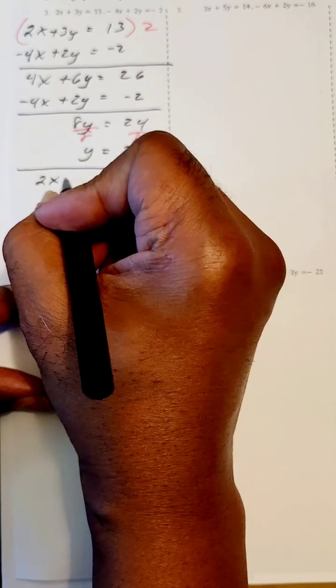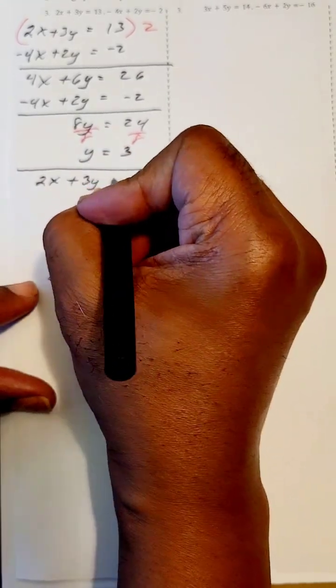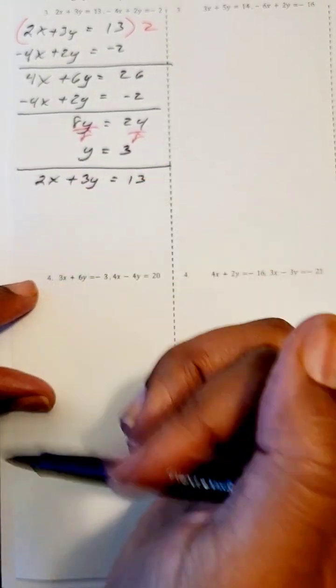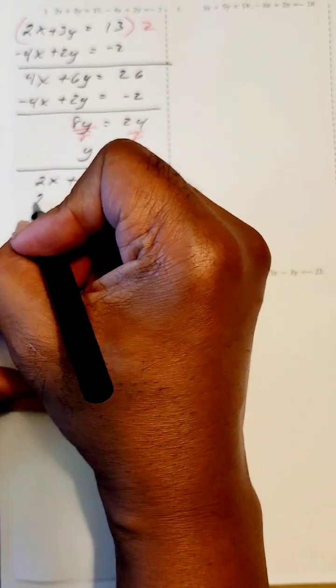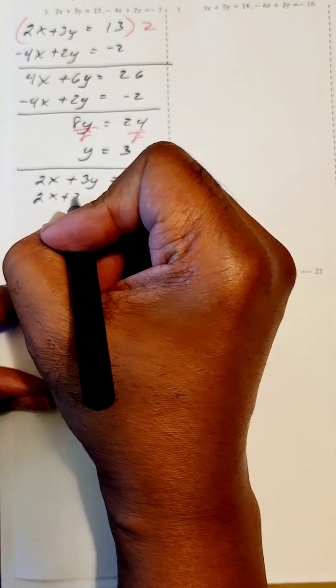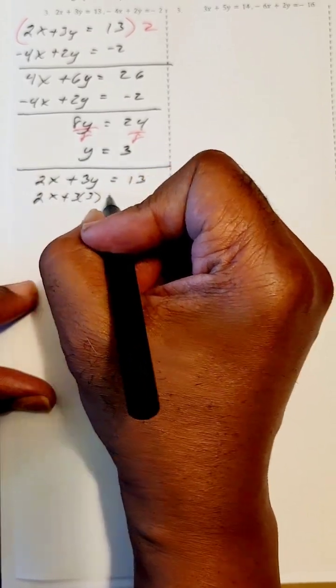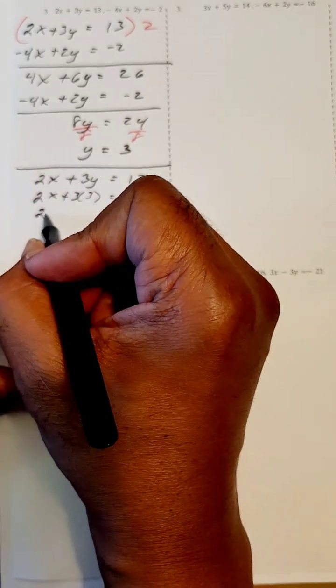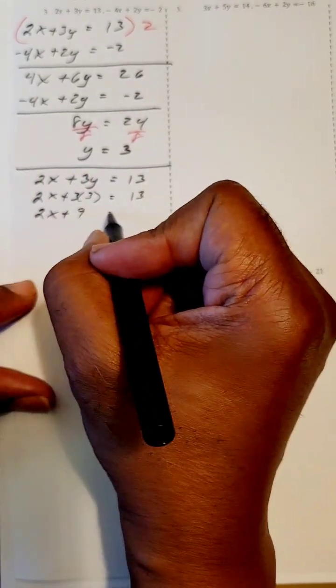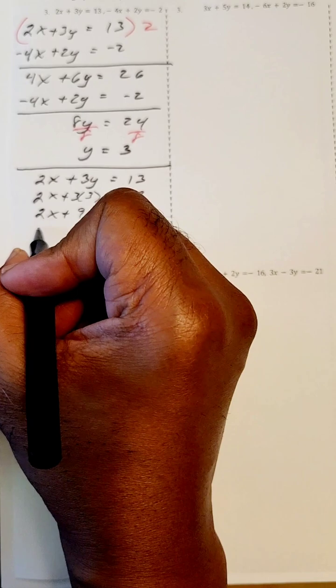So 2x plus 3y equals 13, and I'm going to substitute the y here for 3. So this will become 2x plus 3 parentheses 3 equals 13, which will become 2x plus 9 equals 13.